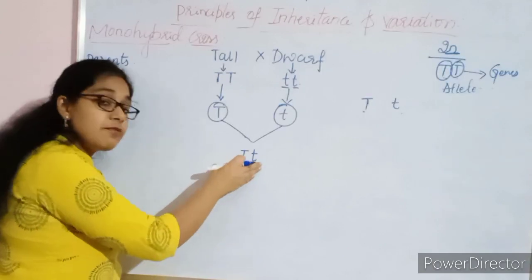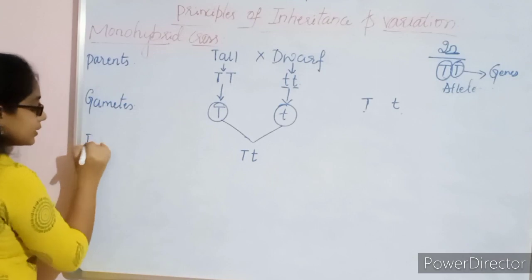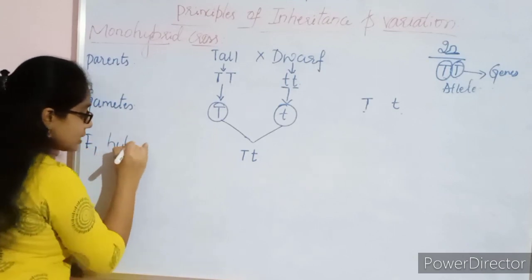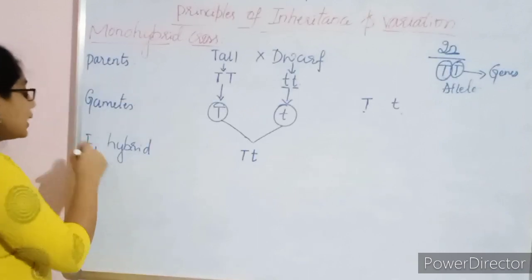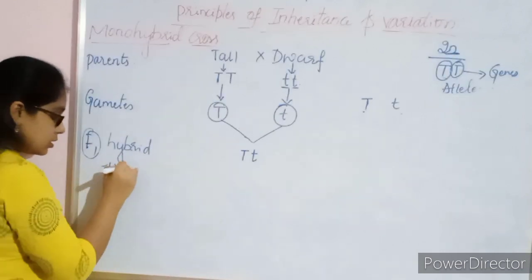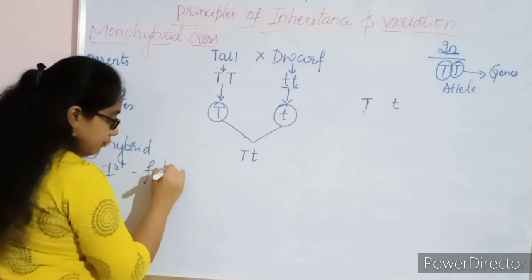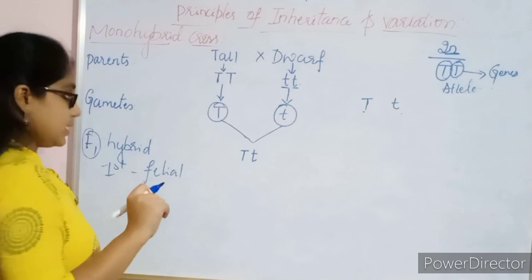So this is the first generation. It is called the F1 hybrid, or you can also write it as F1 generation. And F1 stands for first filial generation. Understood?